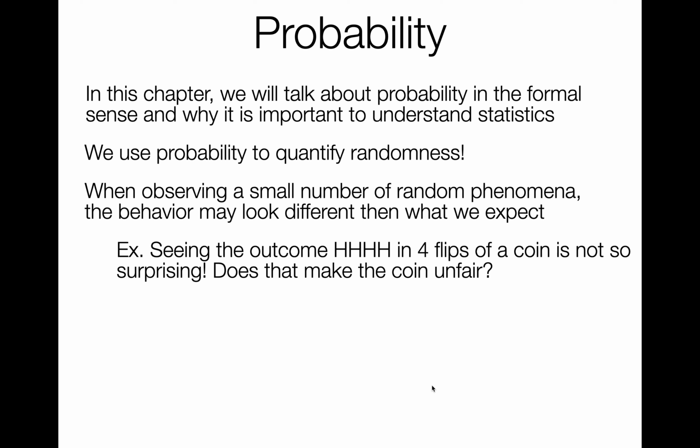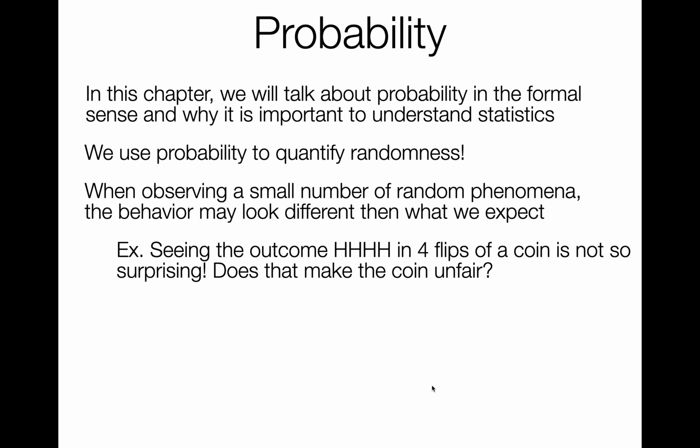If it was a fair coin and you flipped it 4 times, think about that for a second. I hope that most people would say, well, if you flip a fair coin 4 times, you would get 2 heads and 2 tails.